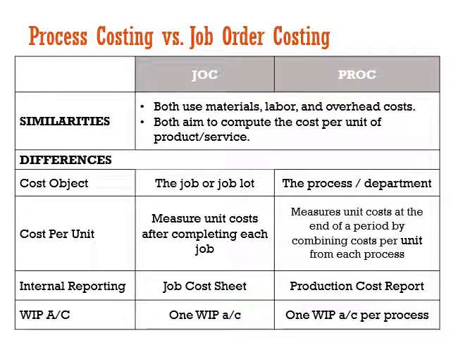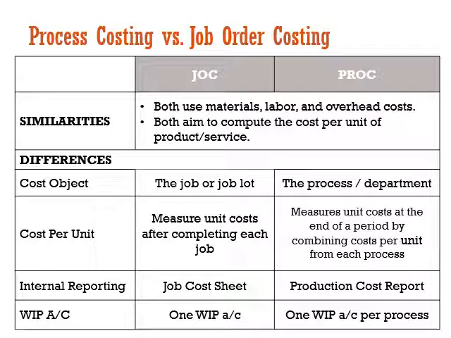Before we discuss further about process costing, let's have a look at some similarities and differences in job order costing and process costing. For similarities, both job order costing and process costing use materials, labor, and overhead costs. And then both aim to compute the cost per unit of product or service.